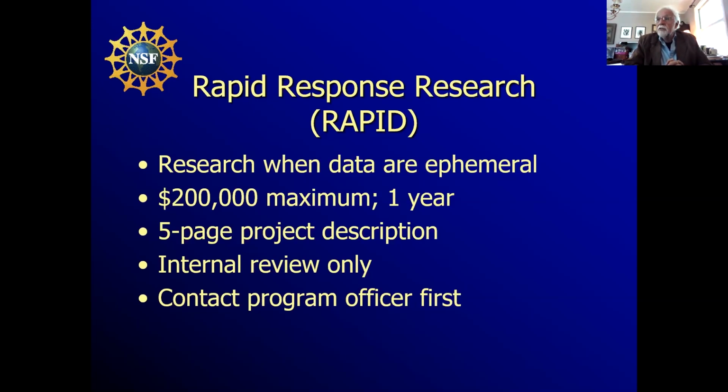I may ask somebody else in the office to read it, but probably not. And we'll either fund it or not. But you must contact the program officer first before you can submit a rapid. And you have to attach to the proposal the email from the program officer giving you permission to submit.